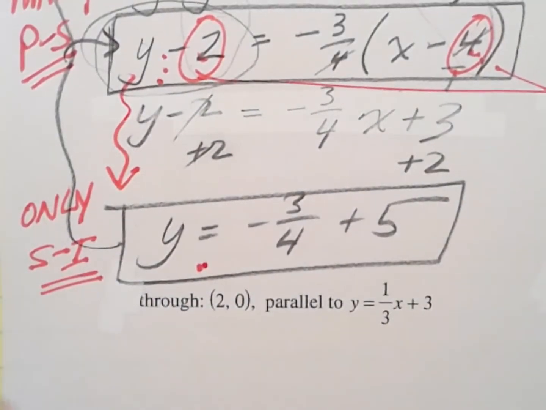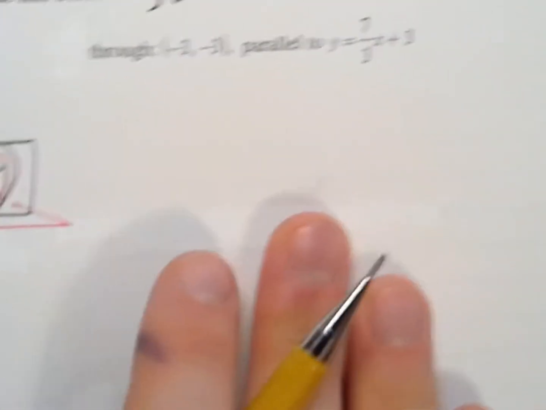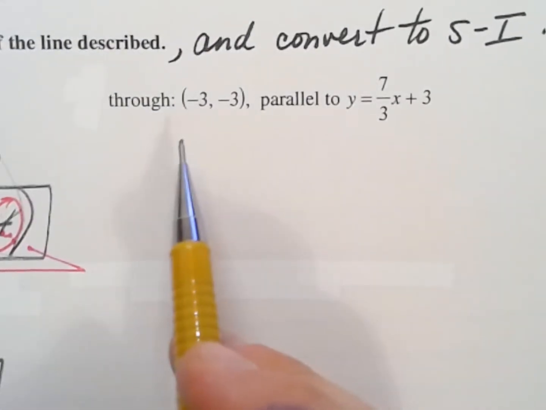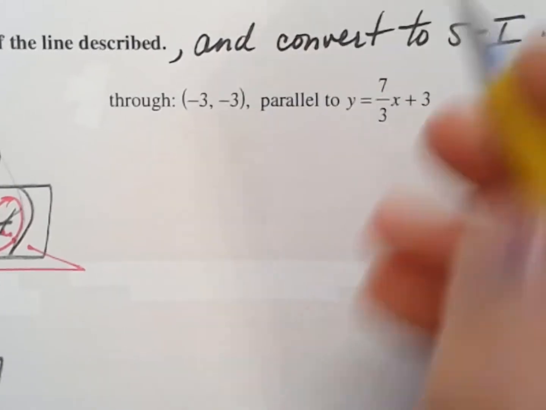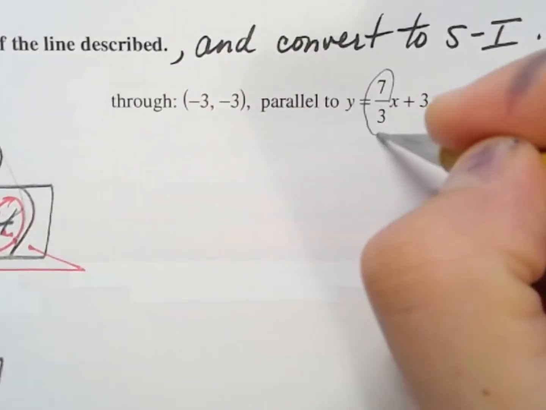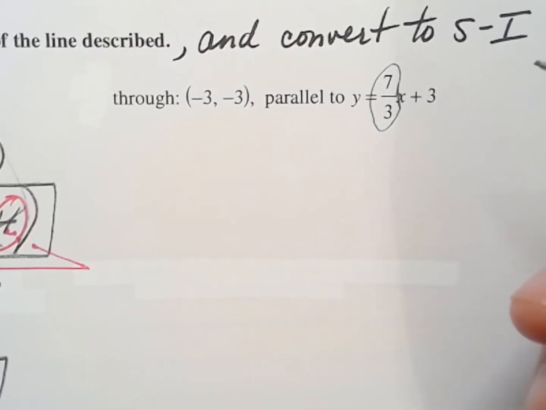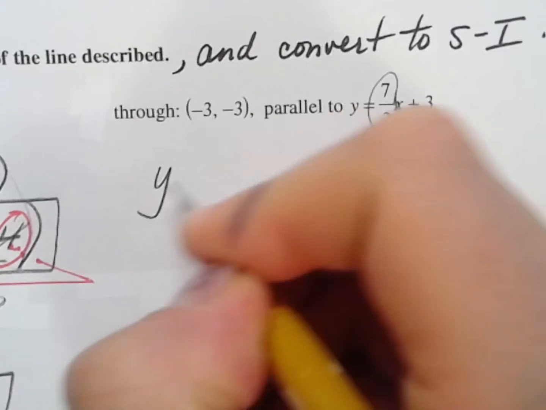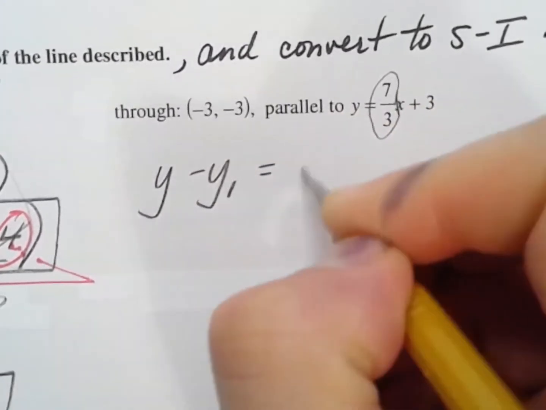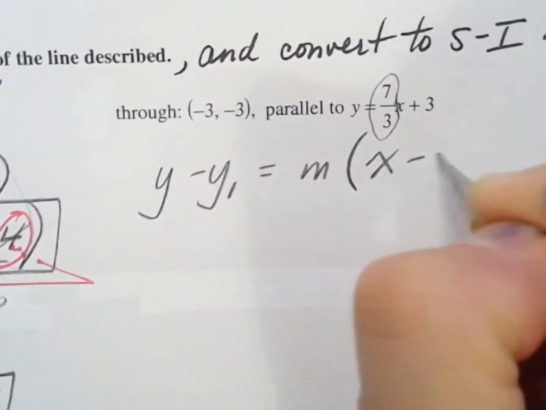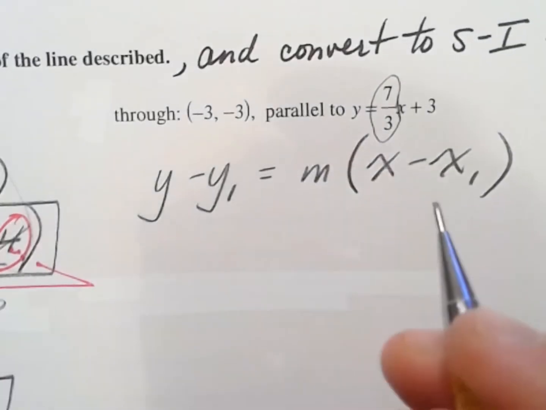So let's look at another example here. Through the point -3, -3, parallel to this thing, and this thing has a slope of 7/3, so I know it's going to be the same slope as that one. So y minus y1 equals m times x minus x1 becomes what?